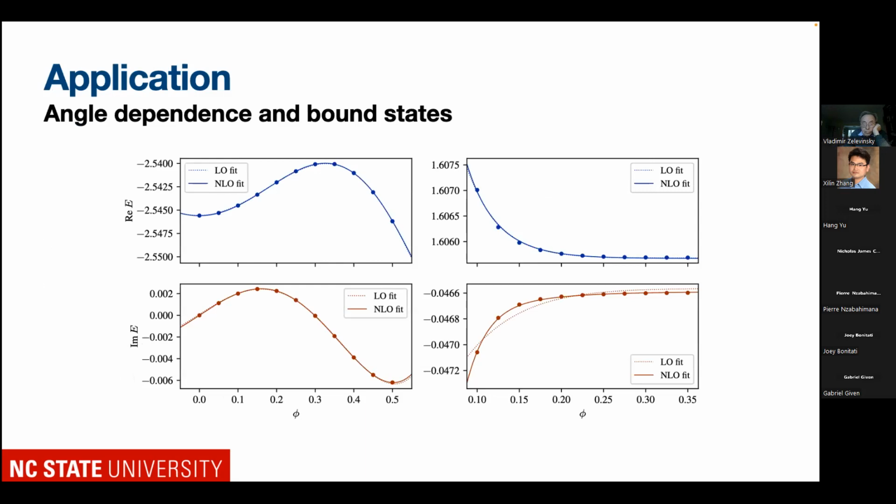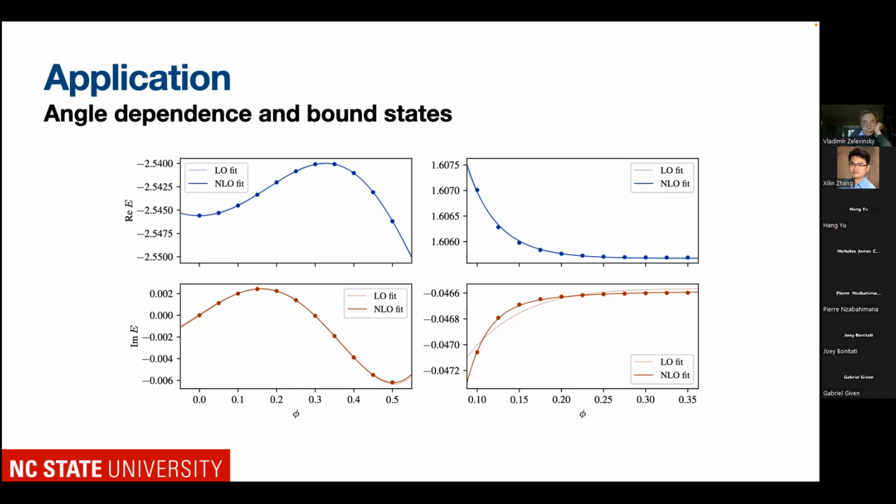Here we just showcase how this complex scaling can help in the bound state calculations. In the bound state calculations, we have another parameter, which is now parameterized by the complex rotation angle phi, and we see that instead of varying the lattice, we can simply change the phi angle and get nice finite volume correction terms. We fit these terms, and this is also going to give us the ANCs.